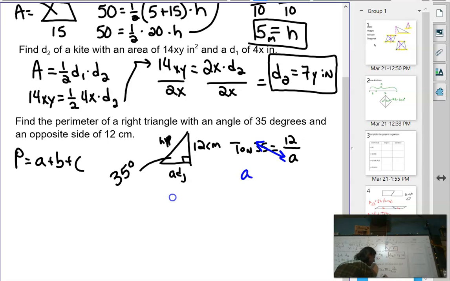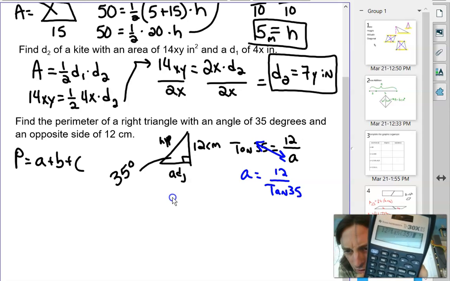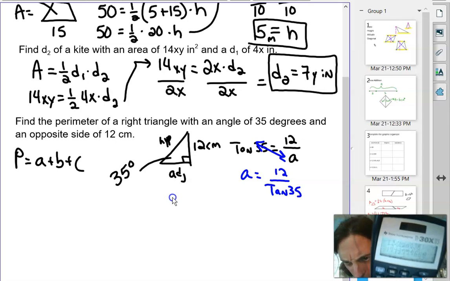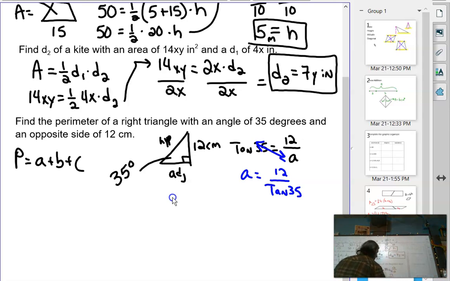So I've got A equals 12 over tan 35. And then put that in my calculator: 12 divided by tan 35. Remember, you have to be in degrees, not radians. The answer, of course, is a whopping 17.14 centimeters.